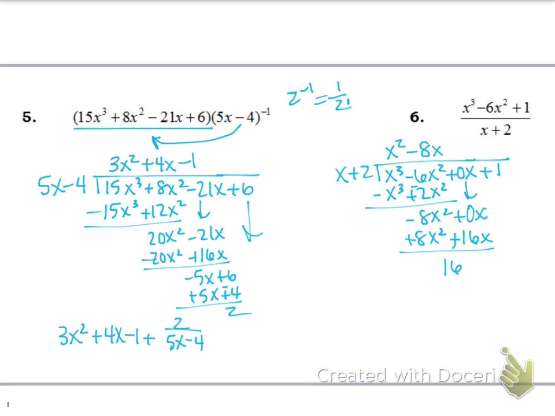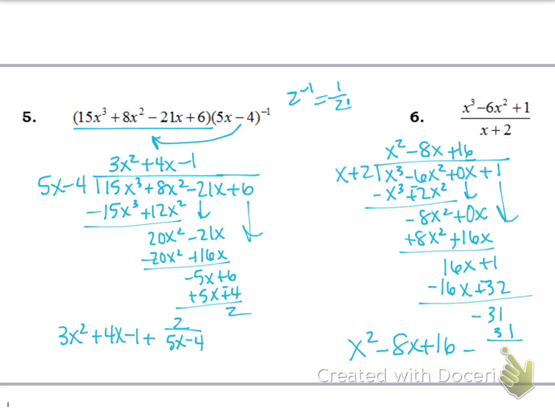Flip. Drop my next one. We got to multiply by 16. So I get 16x plus 32. Flip. I got a negative 31. So my number up there, I got x squared minus 8x plus 16 minus 31 over what I'm still trying to divide out of it.